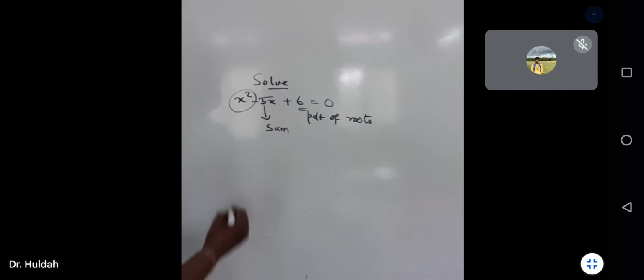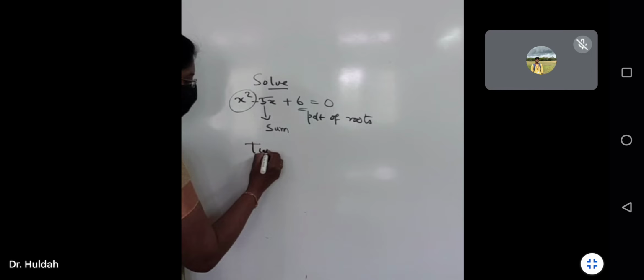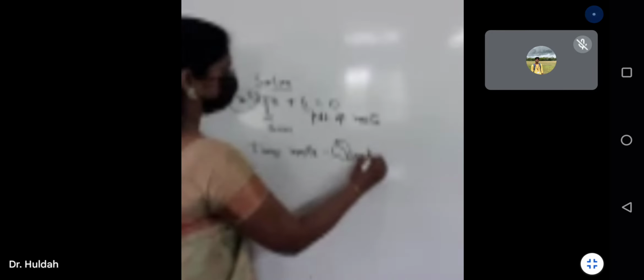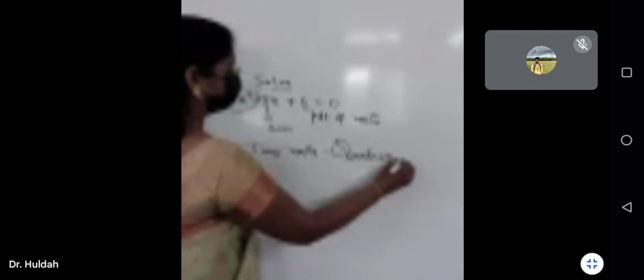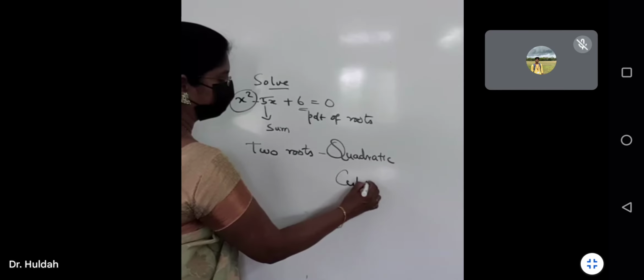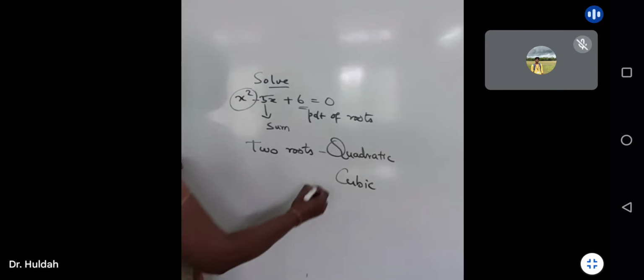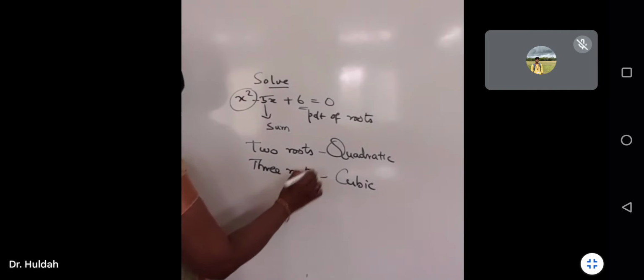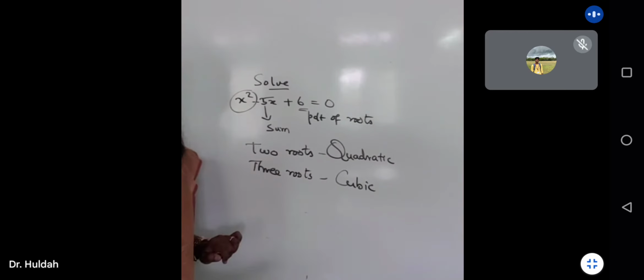If it is a cubic equation, then you will have 3 roots, not more, not less.